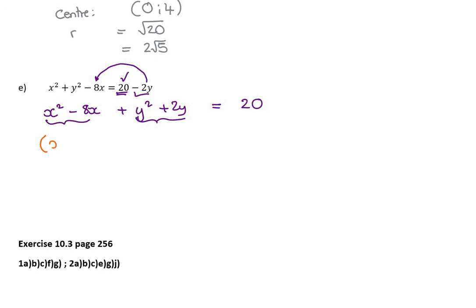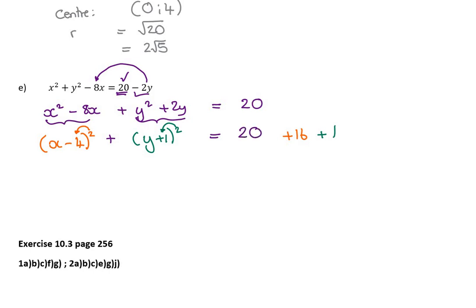So x² − 8x can complete the square to (x − 4)², but that means that you've effectively added 16 to the right-hand side because you've added (−4)². This one here will come from (y + 1)², which means you've effectively added 1² to the left side, so I must add it to the other side. And so my equation of my circle has been rewritten.